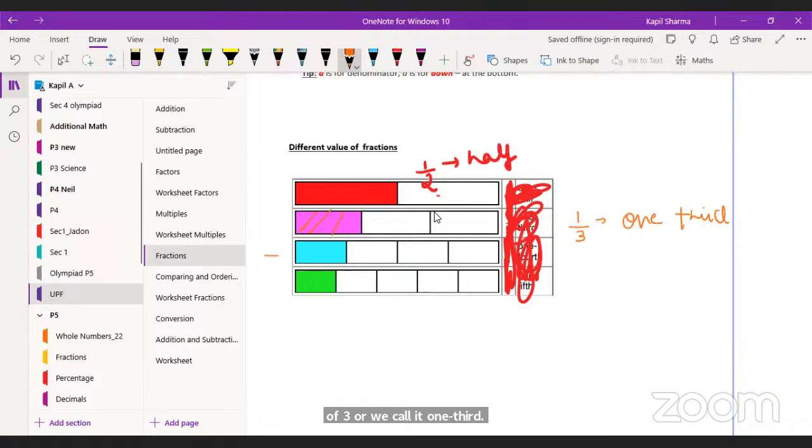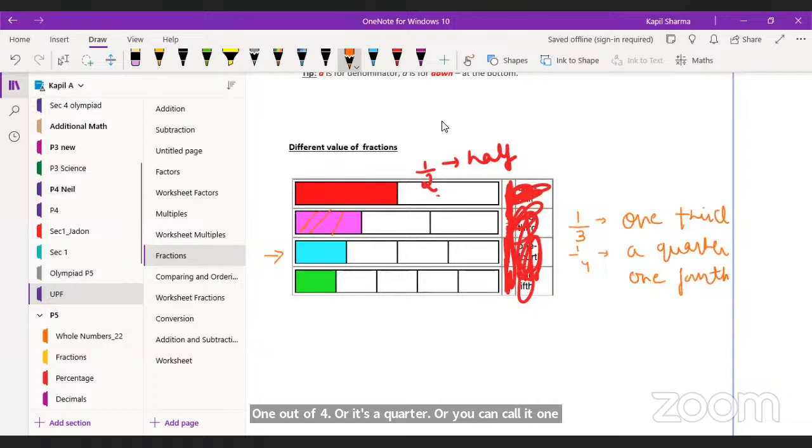Similarly, in the next one, the third bar, again we see 1 part shaded, and which fraction does it represent? Yes, Parth, good. So it's 1 out of 4, or it's a quarter, or you can call it 1/4. Finally, the last one.